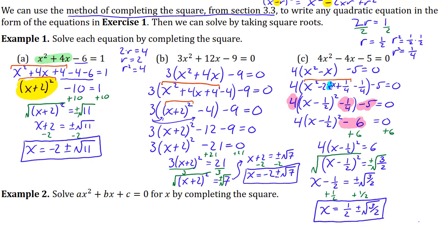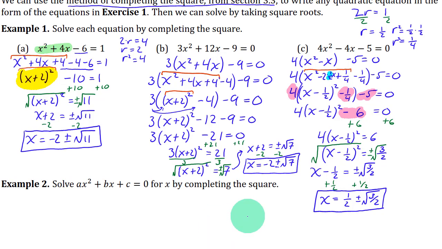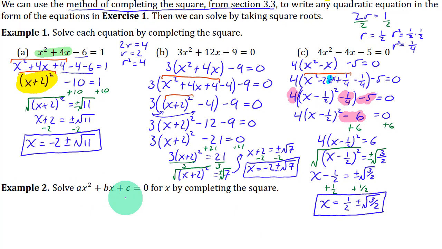So for example 2 here, we're going to do the same method, but what if we don't know what A and B and C are? With this one we had A equals 1, B equals 4, C is -6. Oh, not exactly, you'd have to move the 1 over.